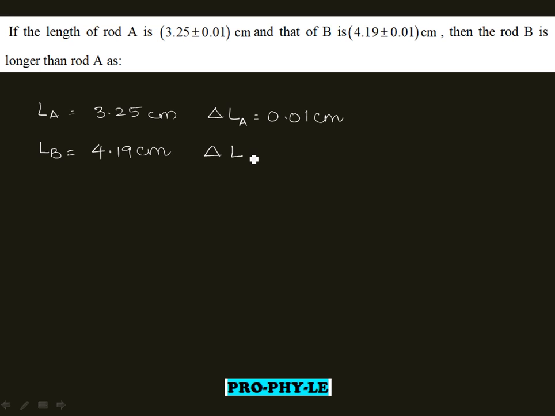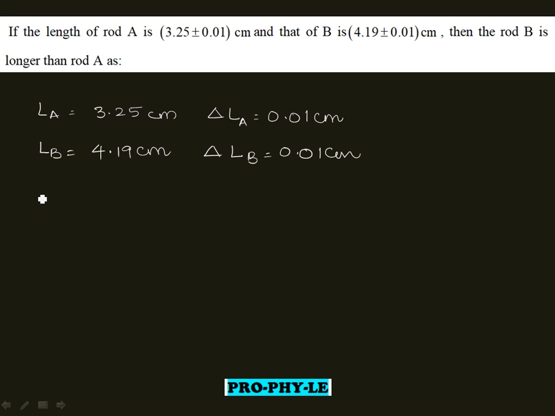The error in measuring the length of rod B is 0.01 centimeter.